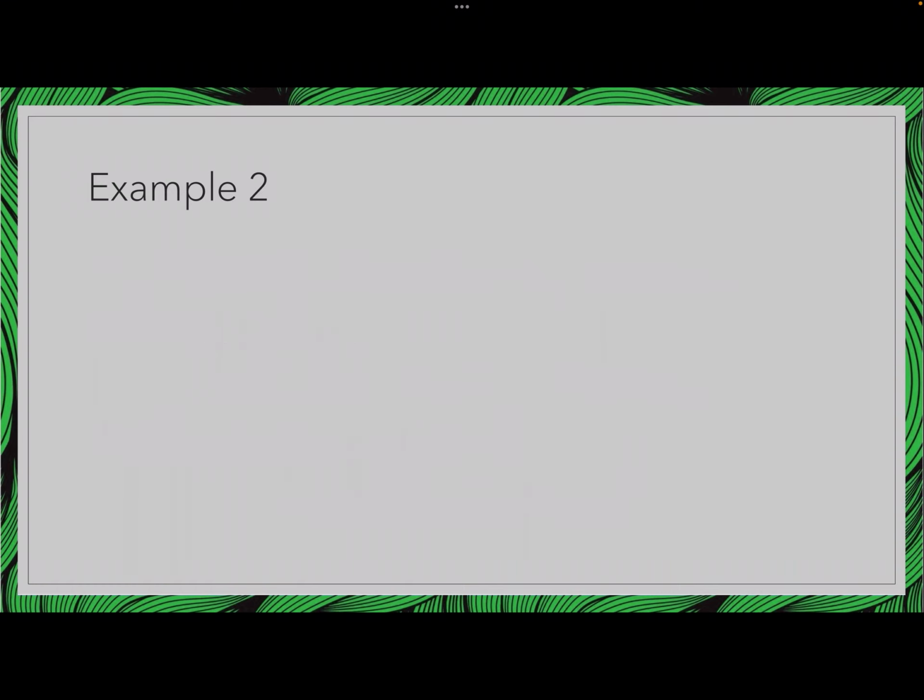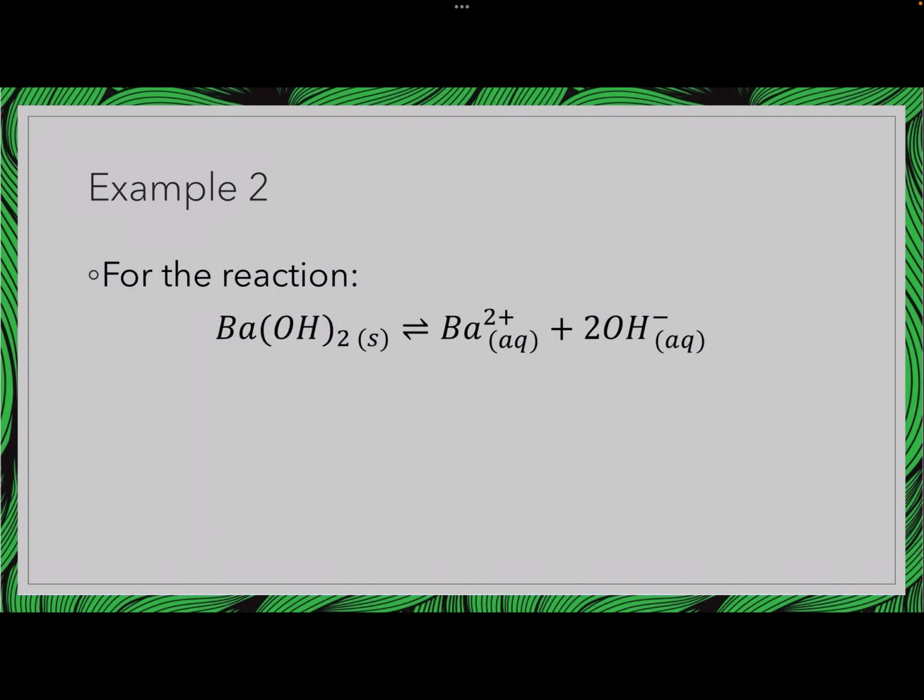Now, last question, I mentioned how we have to take into account the stoichiometric ratios, in that the value that we've just gotten is the solubility of the salt. Okay. Now, when the salt dissolves, it splits into its ions. Depending on the stoichiometric ratios, it could split into a different number of ions.